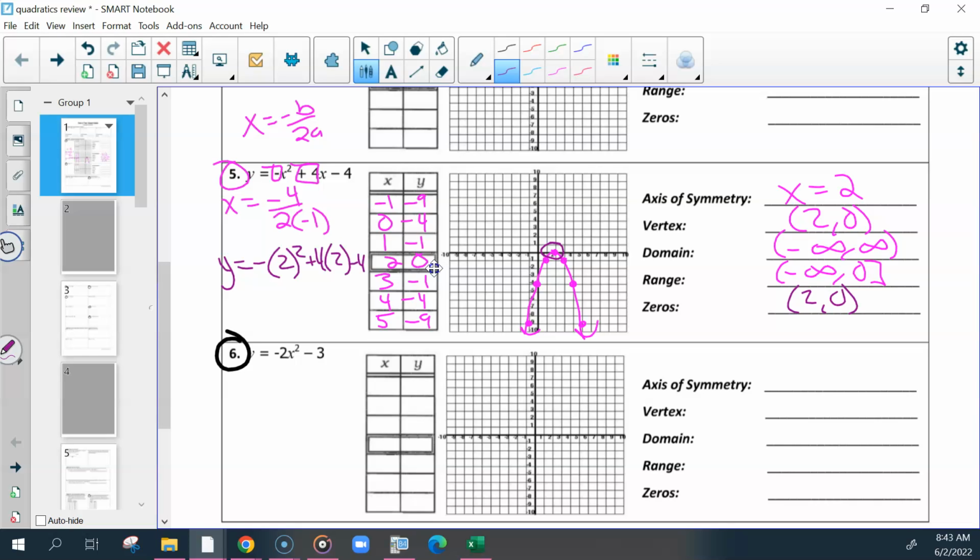It keeps going to negative infinity and stops at zero. In set builder notation, y is less than or equal to zero. Either or.